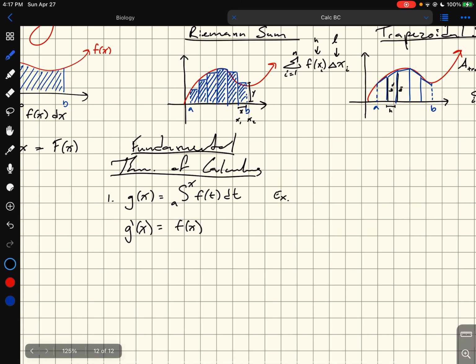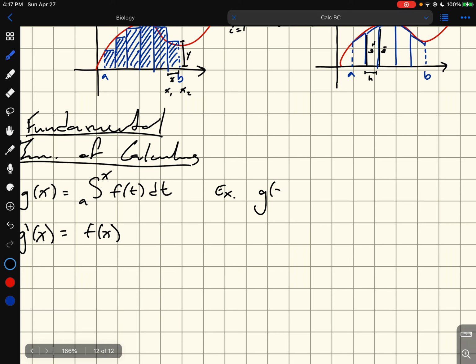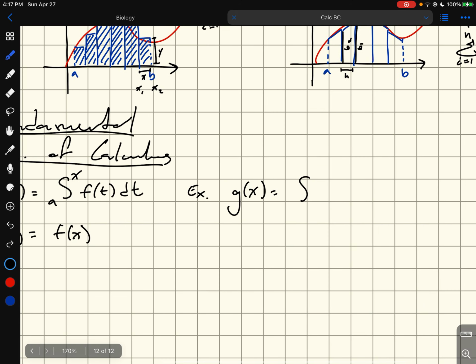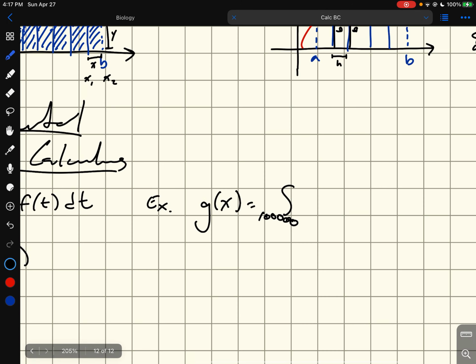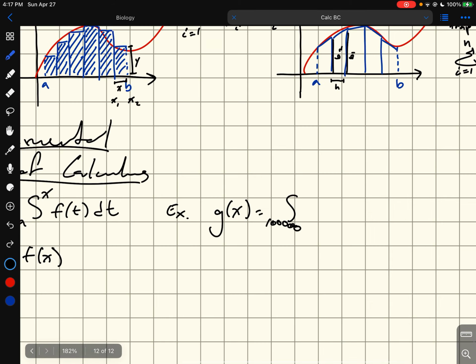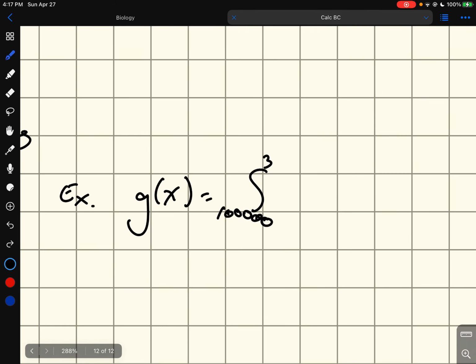Let's say we had g equaling the integral from a to, let's say, 100,000, because this number does not matter whatsoever. It's literally just for show. And then let's say our upper limit was 3x to the 4th. And then we have our function f of t dt. No, let's write an actual thing for our function.